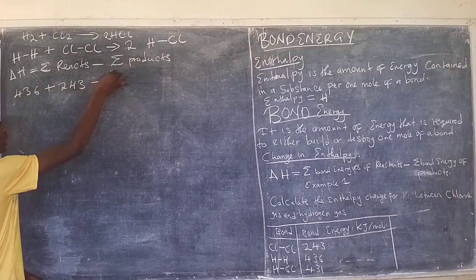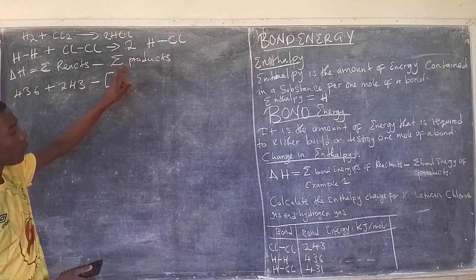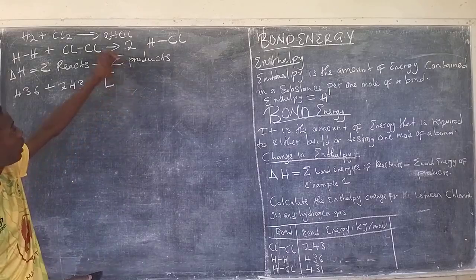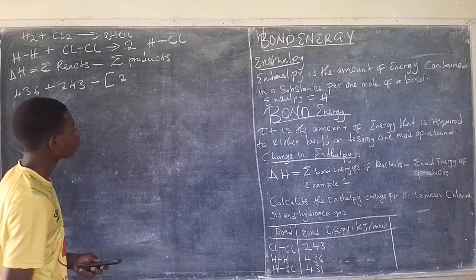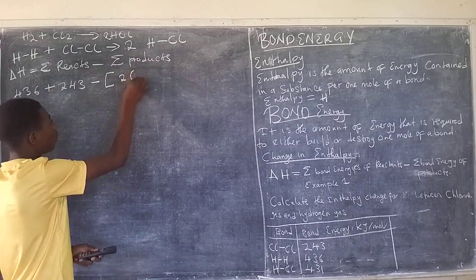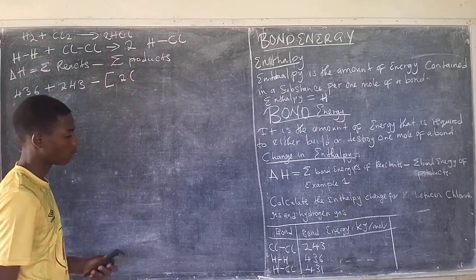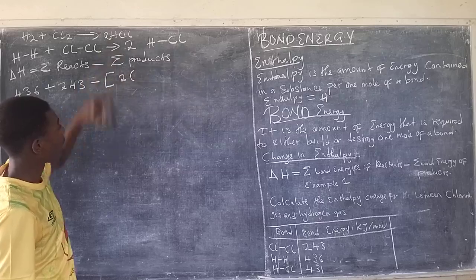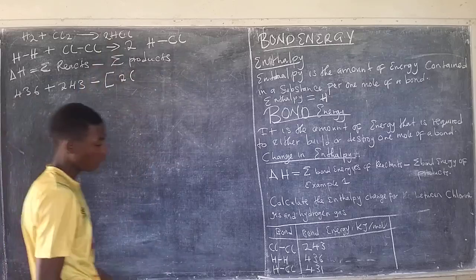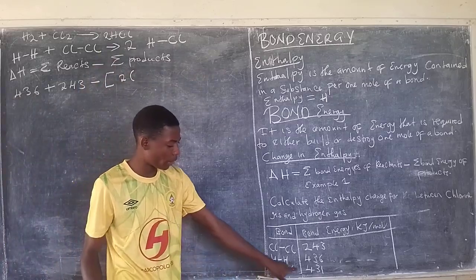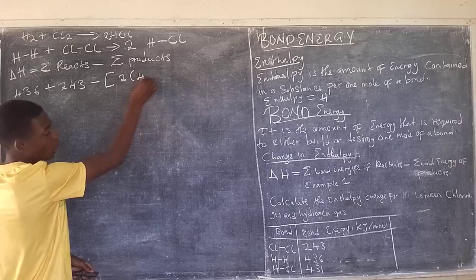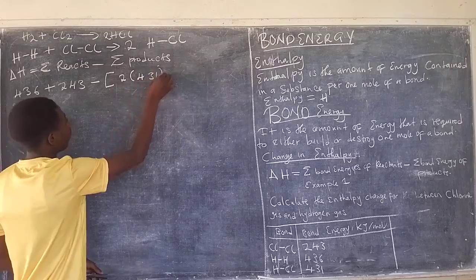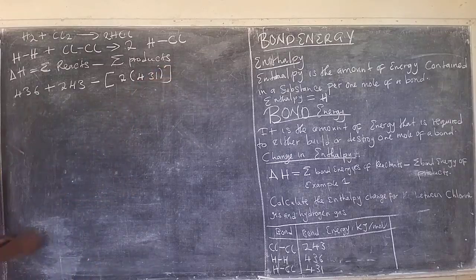We subtract the energy contained by the products. Here we have 2 moles, so these 2 moles should be included. We have 2 moles of HCl. When hydrogen bonds to chlorine, the amount of energy required is 431.